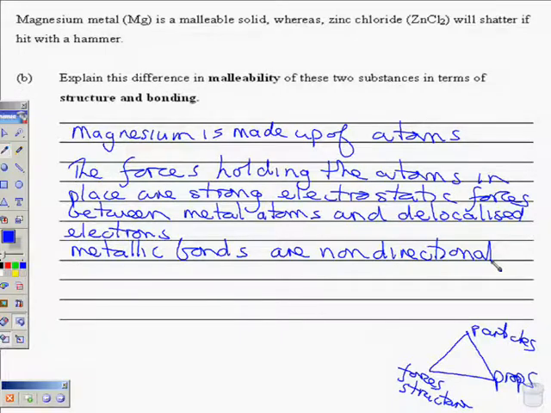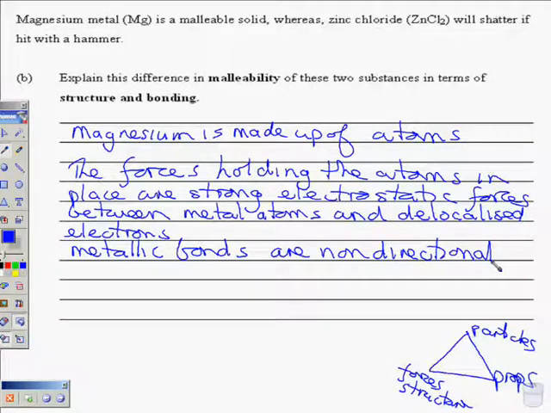Okay, so how are we going to... We're 2/3 of the way there. How are we going to clinch the deal by talking about malleability? We had a little picture to explain it before, but we've got to use words now.